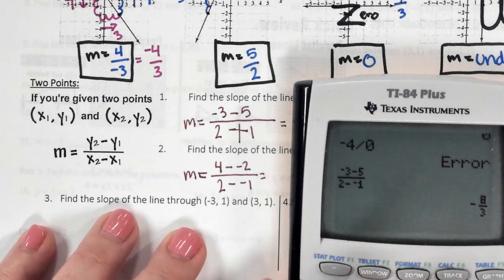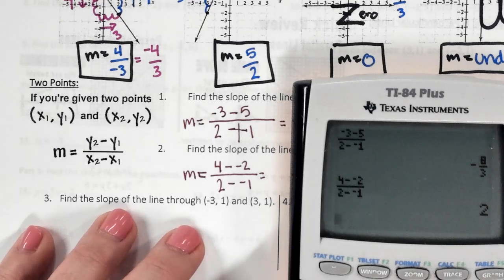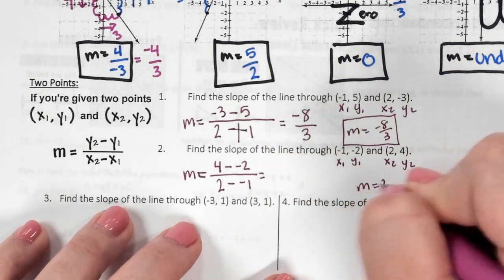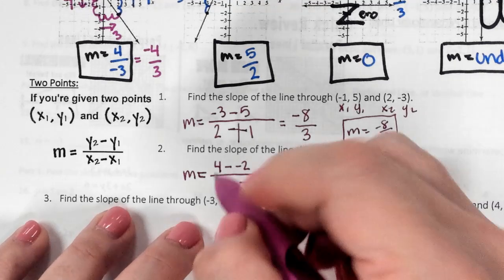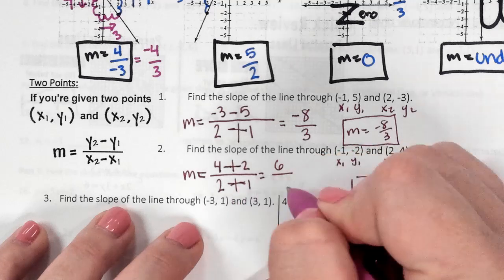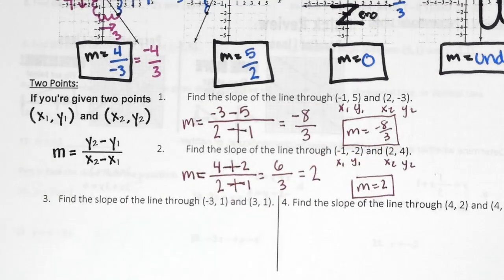So if I type that in, alpha y equals enter, 4 minus -2 over 2 minus -1, I get 2. And the reason I get 2 is because if I do this by hand, this becomes 4 plus 2, which is 6, over 2 plus 1, which is 3. And what's 6 over 3 simplify to? 2.